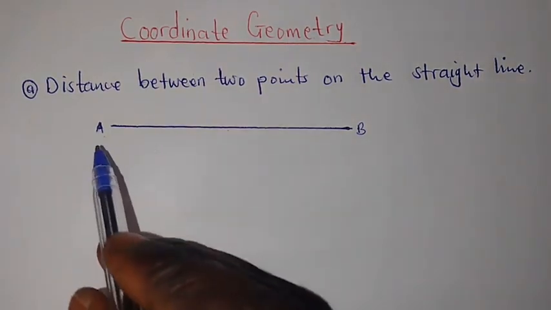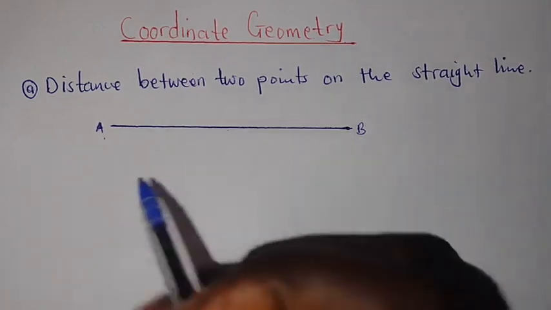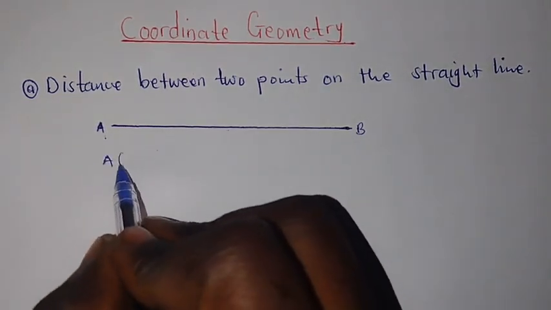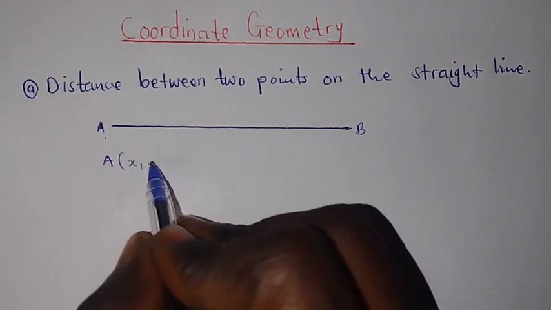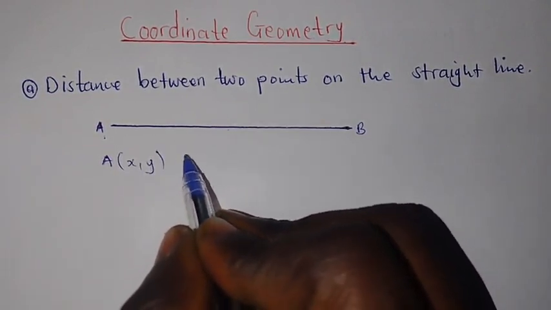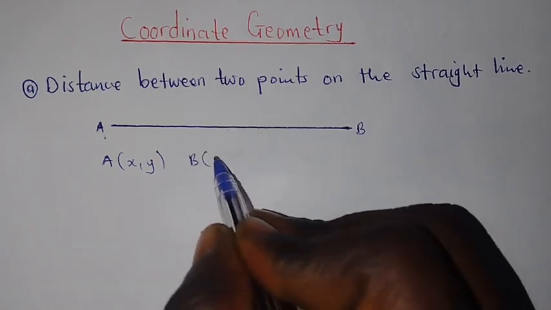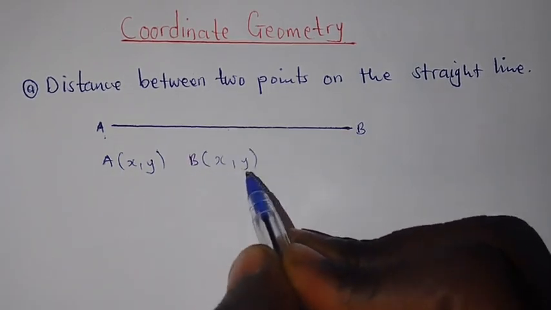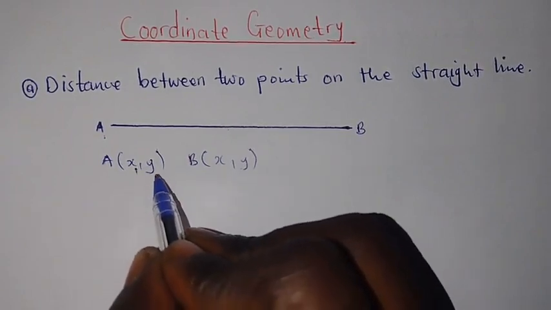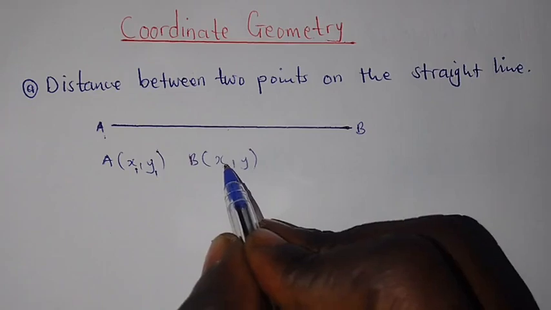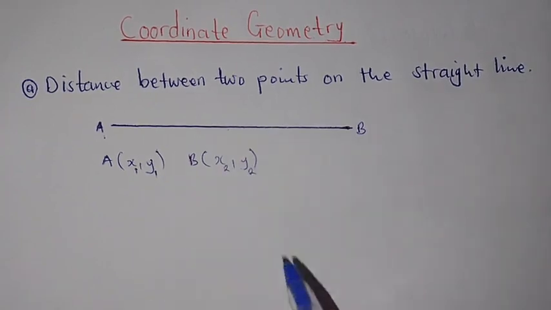I'll show you. Let's say this point A has these coordinates x comma y, and the point B also has x comma y. So I can say this is our x1 and this is our y1, this is our x2 and this is our y2.